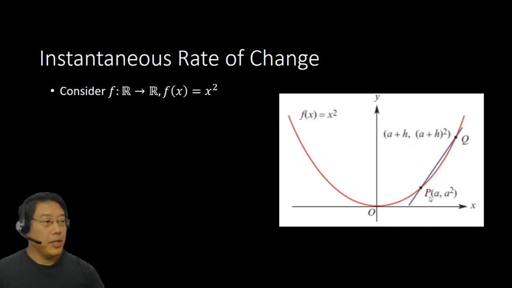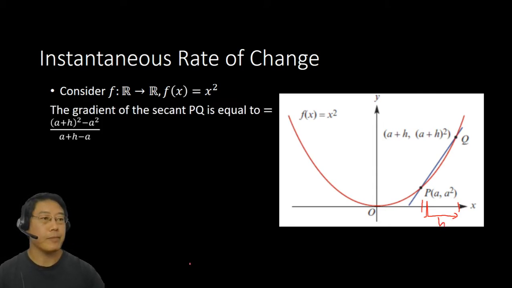So at point P, the function is x squared. The coordinates of P will be a, and respectively a squared. The point Q is a plus h. So the interval from P to Q, if I annotate that, from here to, let's say, here, that is h.